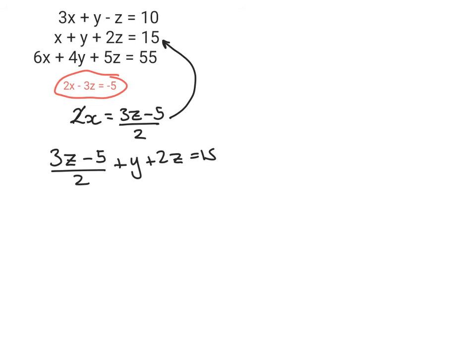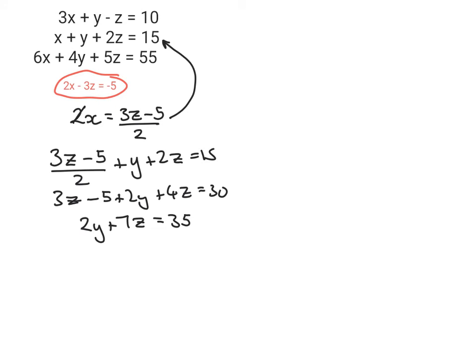Okay, so we're going to simplify this equation. So I'm going to multiply by 2. So 3z minus 5 plus 2y plus 4z equals 30. So that's going to give me 2y plus 7z equals 35.